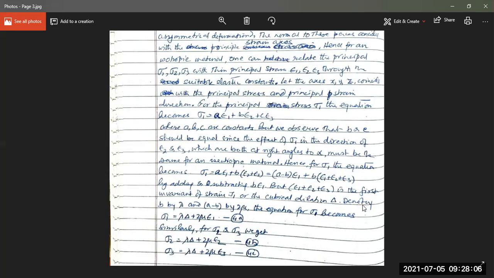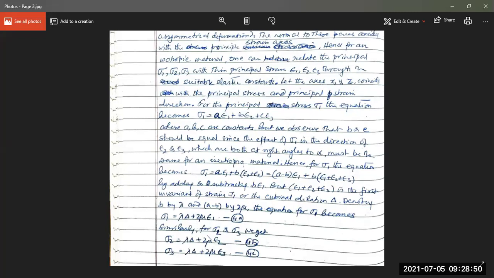We have already discussed this from the stress point of view. Denoting B by lambda and A minus B by 2 mu, the equation reduces to sigma 1 equals lambda delta plus 2 mu epsilon 1.